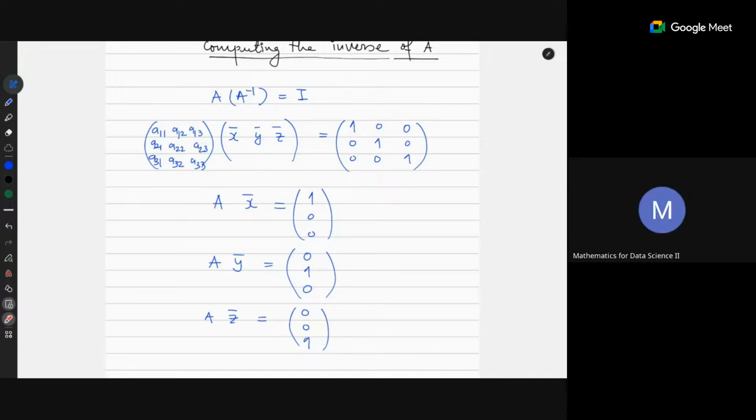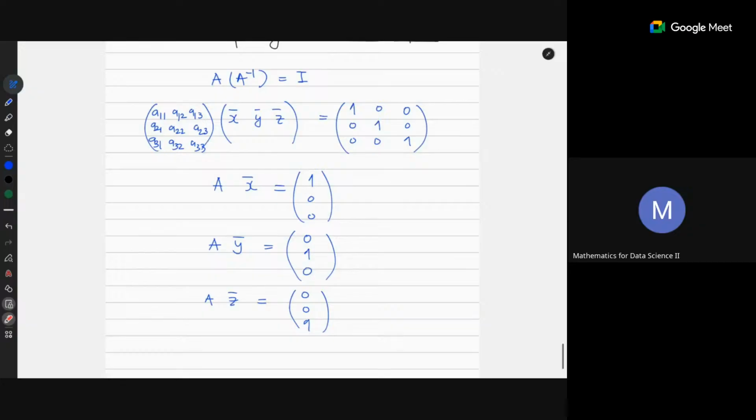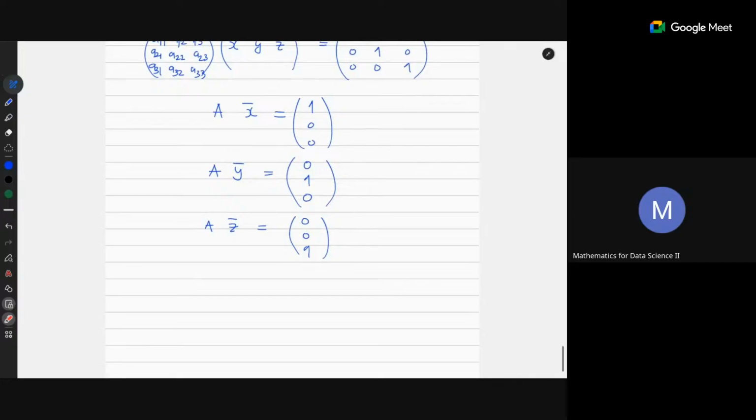Okay, and then you can write down this problem as solving these 3 systems of linear equations. All right, and you can find the solution of each one by using the row echelon form. You can convert A into a row echelon matrix and solve that.